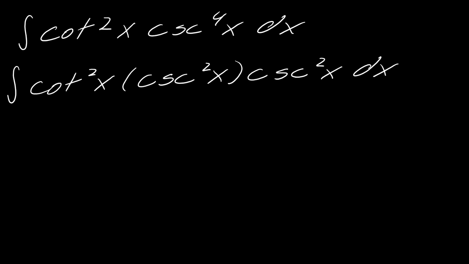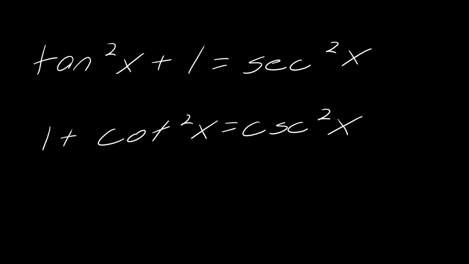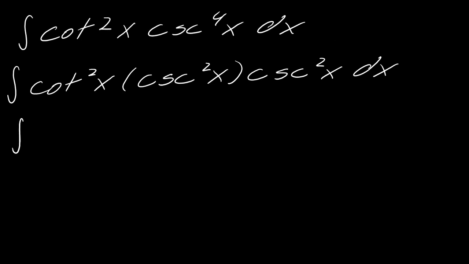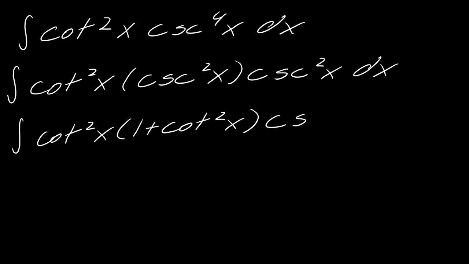So I just broke up that cosecant squared. But now I can use my Pythagorean identity. So remember that cosecant squared x is 1 plus cotangent squared. So that feels like the right direction.